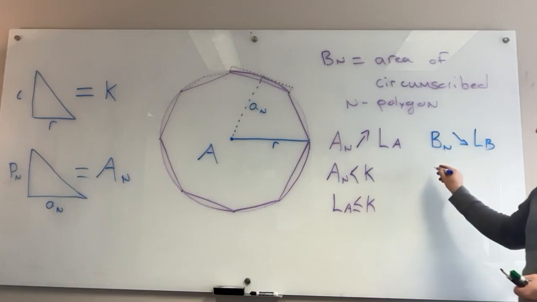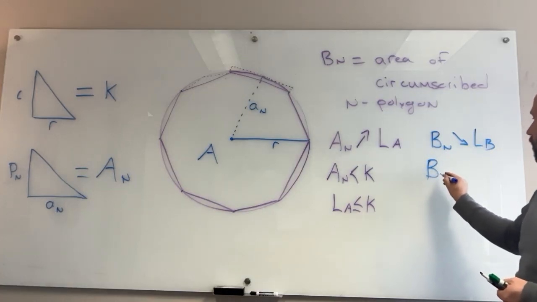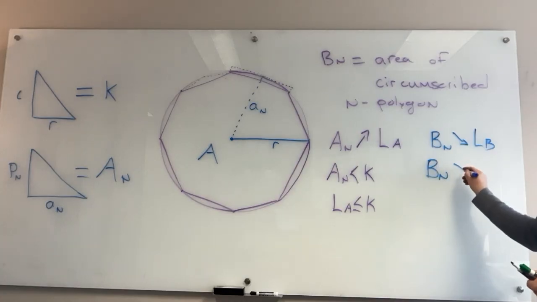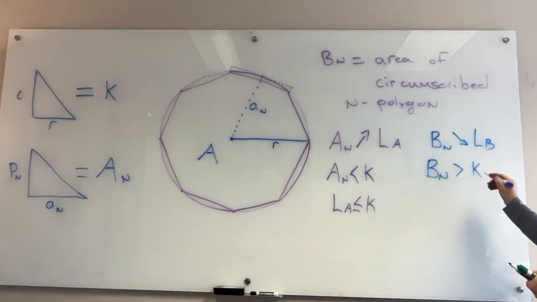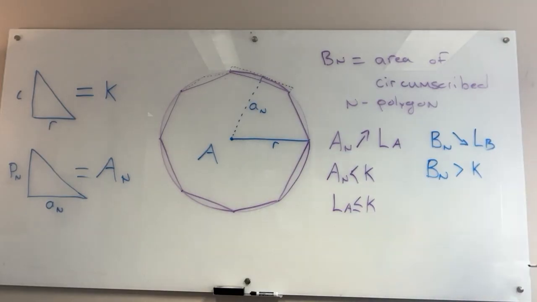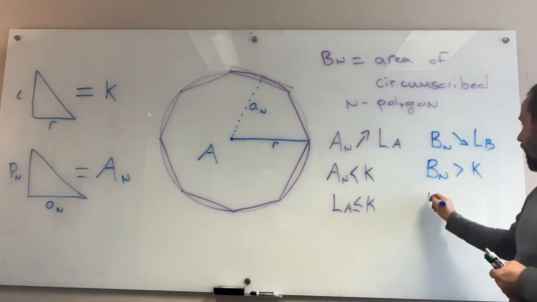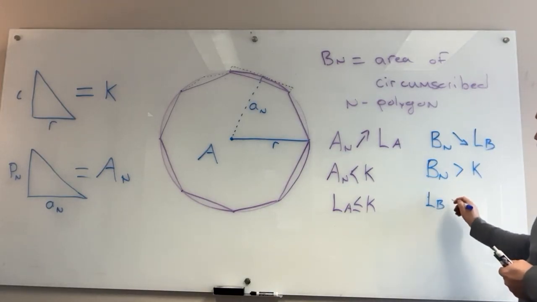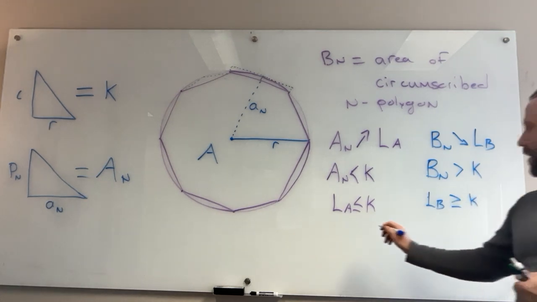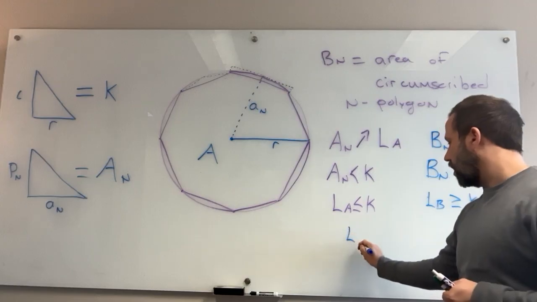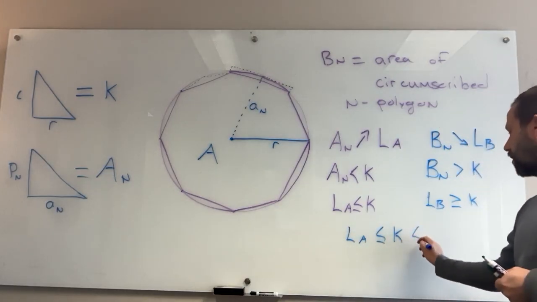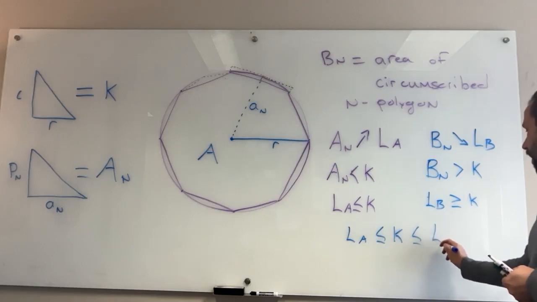Now I know that B_n, and I will let you fill in the details here, is greater than K. And so L_B is greater than or equal to K. And so I have this string of inequalities: L_A is less than or equal to K, and that's less than or equal to L_B.